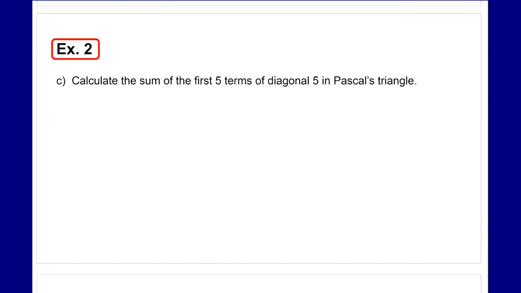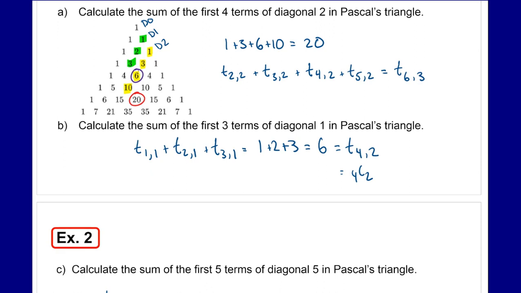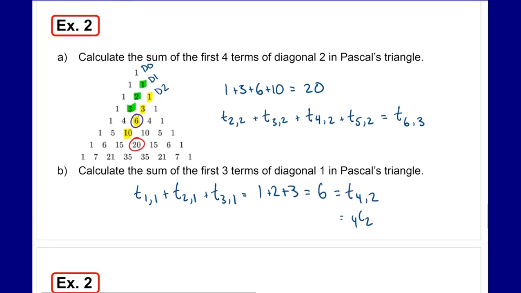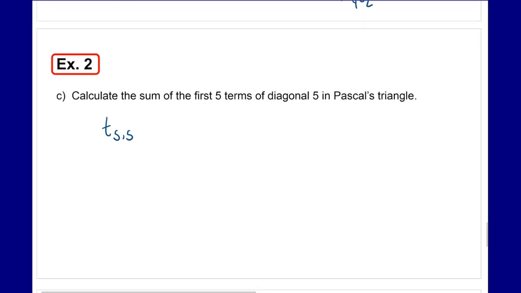So let's try to do that looking at the first 5 terms of diagonal 5 in Pascal's triangle. We're going to start with row 5, position 5. We see that row 1, position 1, row 2, position 2. So whatever diagonal we start at, if it's 5, it's going to be row 5, position 5, and it's always going to remain 5 as we go down the rows.